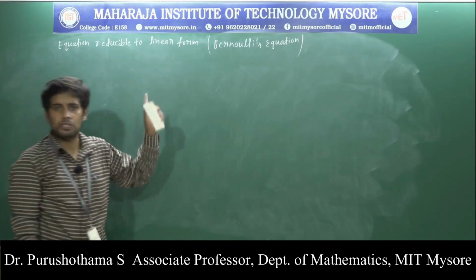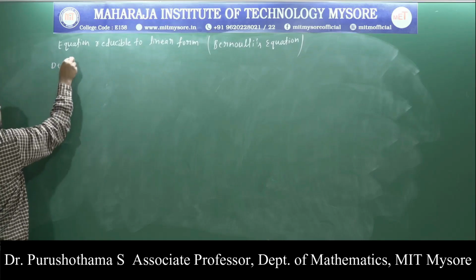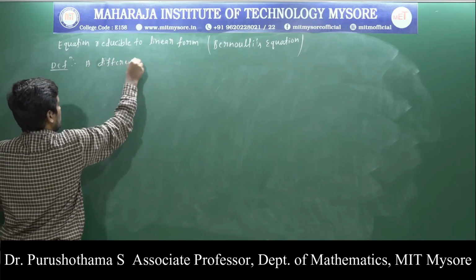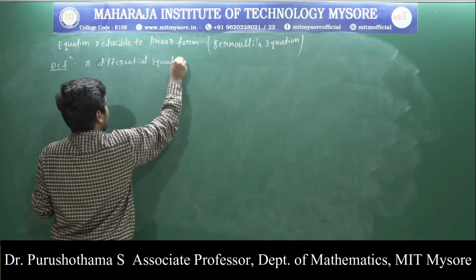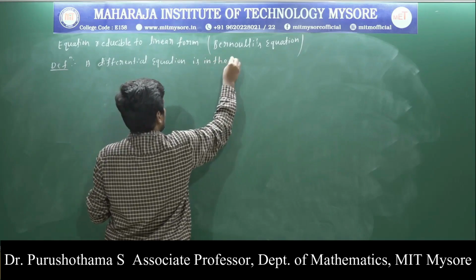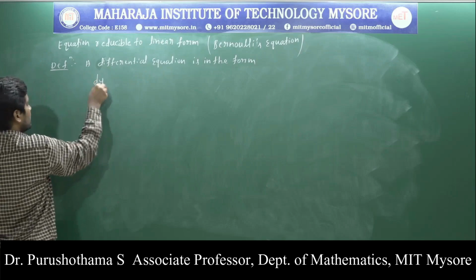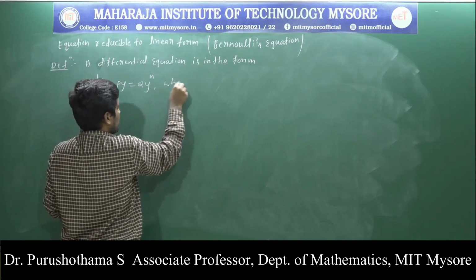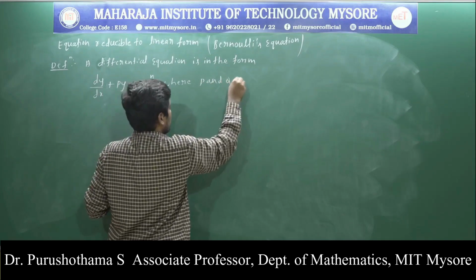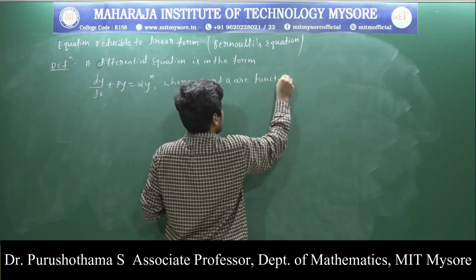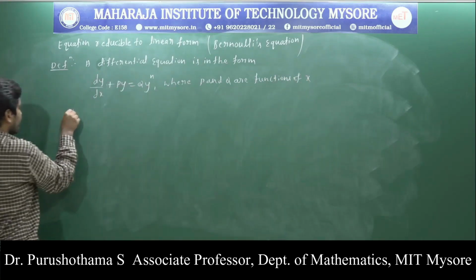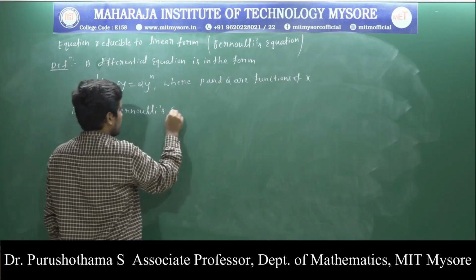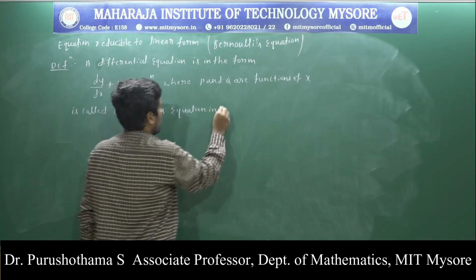So, the definition of this Bernoulli's equation: a differential equation in the form dy by dx plus p into y is equal to q into y power n, where p and q are functions of x, is called Bernoulli's equation in y.